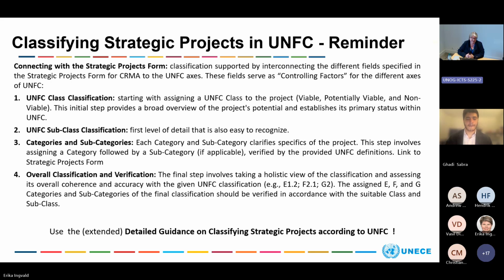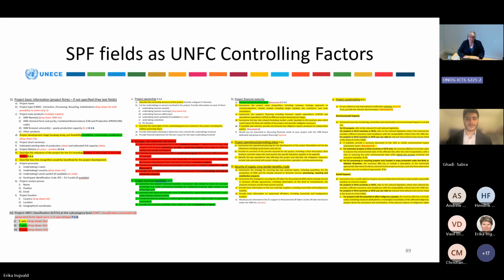And with that classification, you get the first level of detail, so it's easy to recognize. You use the categories and subcategories to get more granularity, and you put everything together into an overall classification, which can then be verified by experts.